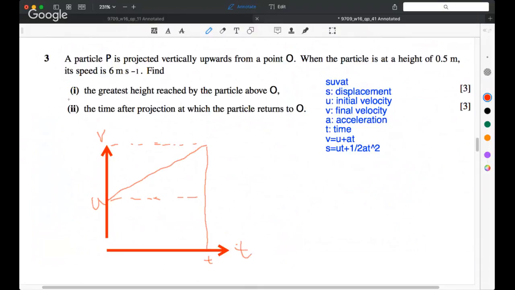First we have a good old rectangle here, so it's just UT. And then we have this triangle here. The length of this side is the change in velocity, so that's AT, and the length of this side is again T. So the area will be a half AT times T, so it's a half AT squared.